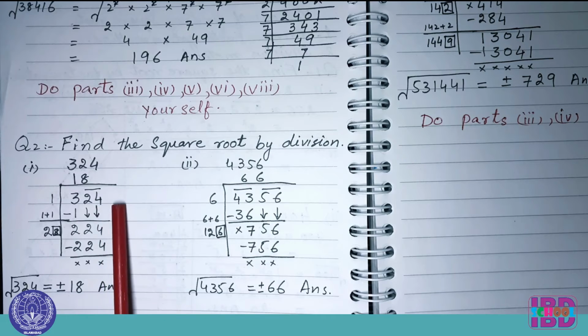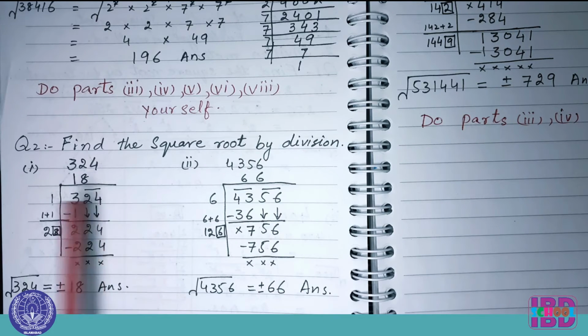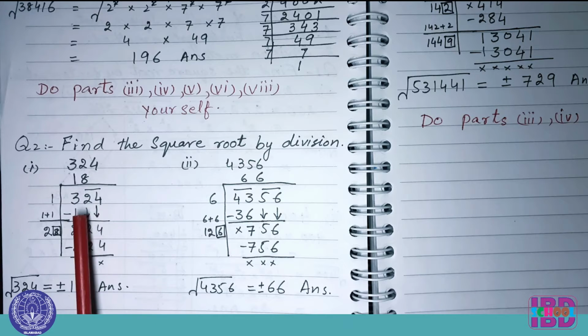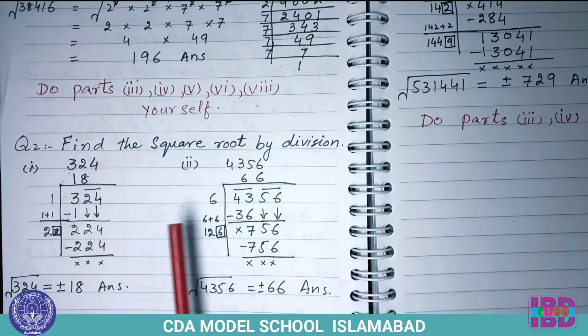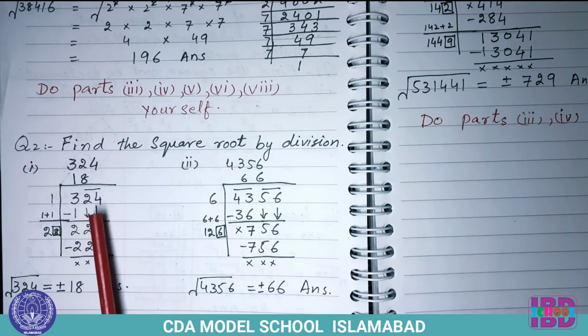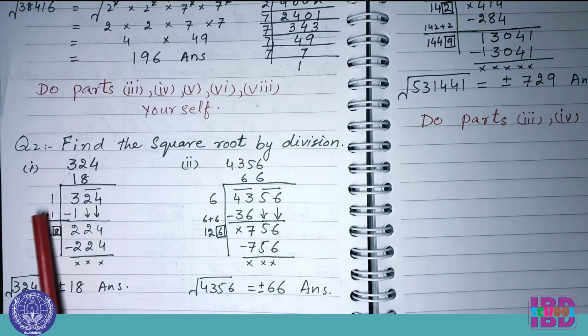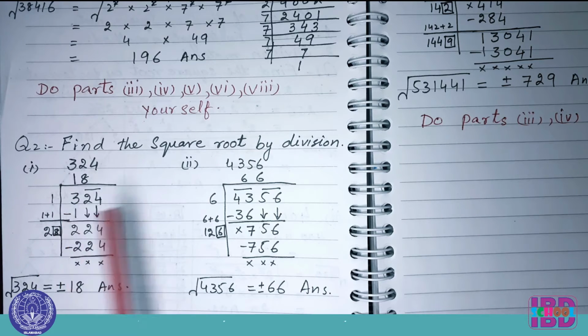Then mark pairs from unit end. We marked the pair that is 24 from the right. Figure 3 is left single. Now we find the perfect square which is equal to or lower than 3.